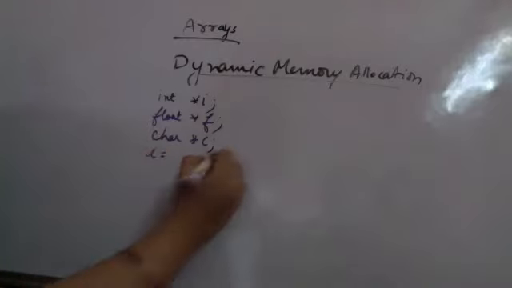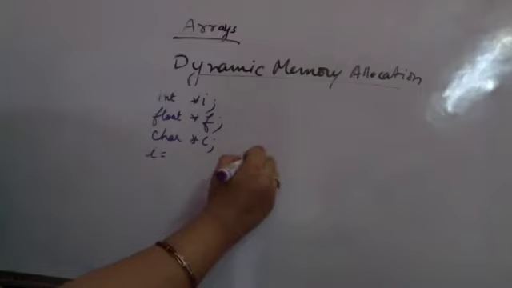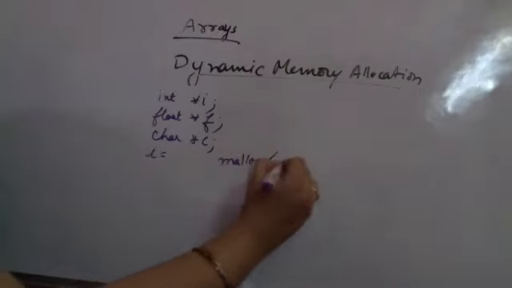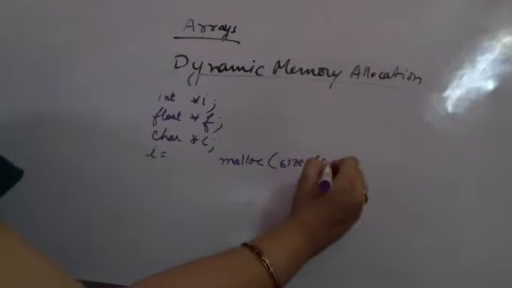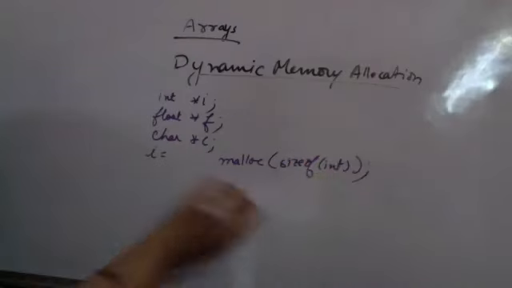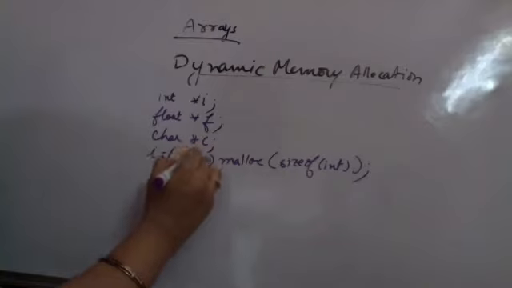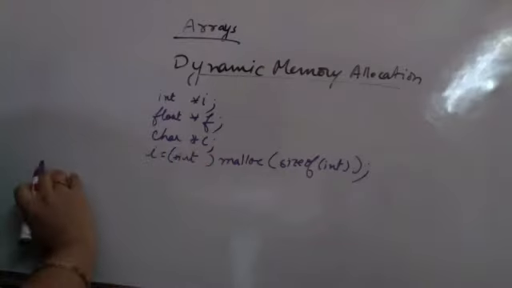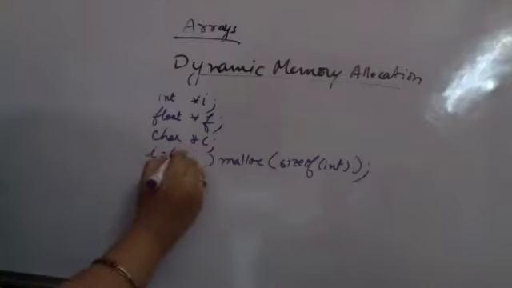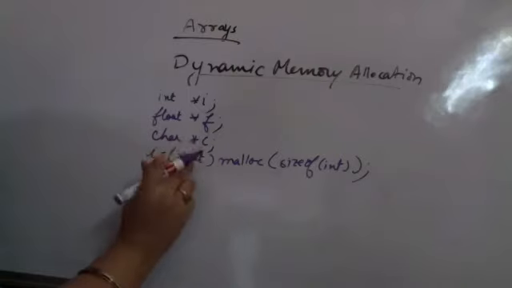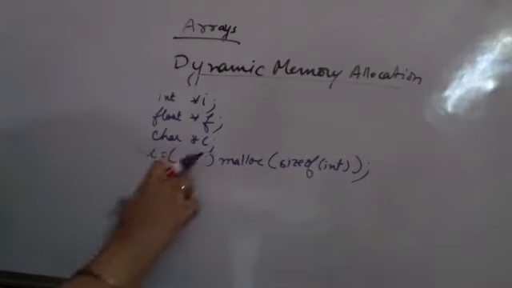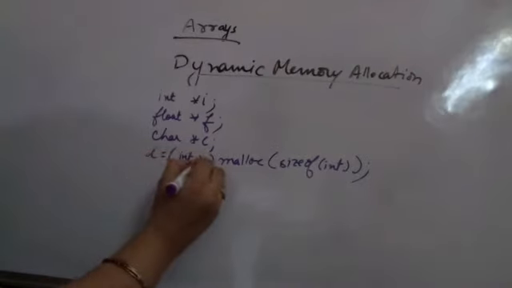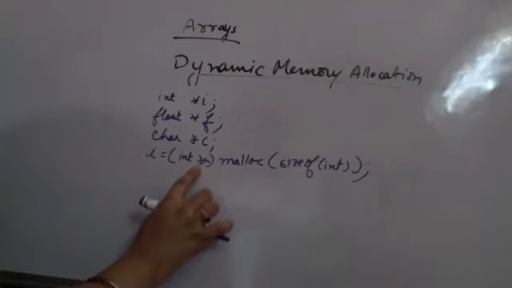I is equal to, I use the malloc function to dynamically allocate the memory. I am guessing कितनी memory allocate करनी है मुझे, तो मुझे एक integer जितनी memory I want to allocate, and I want to typecast into type integer. So I have to make sure, sorry, integer pointer, the type is integer pointer.